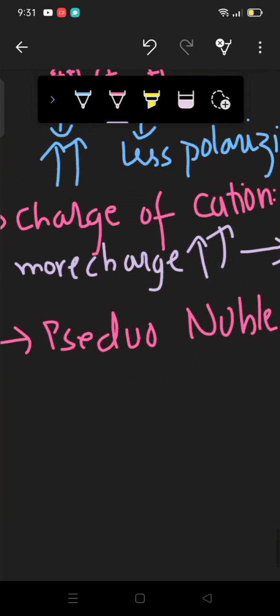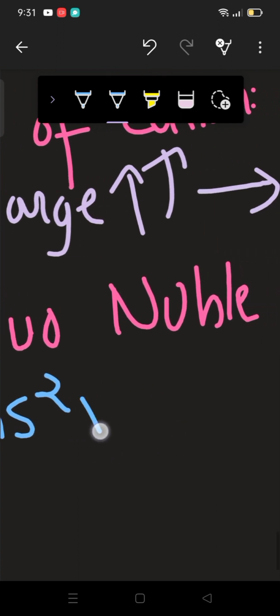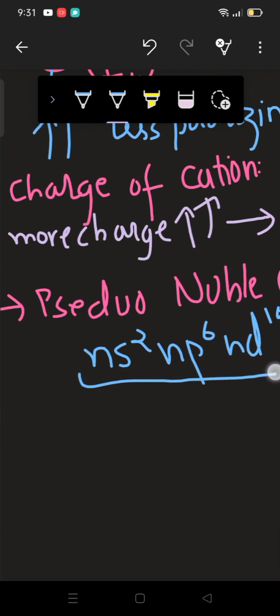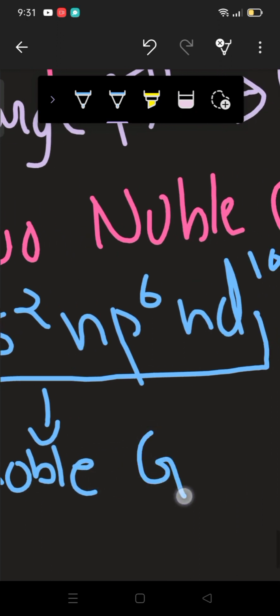An atom which has a configuration the same as noble gases, for example ns2 np6 or nd10, this is noble gas configuration, right?